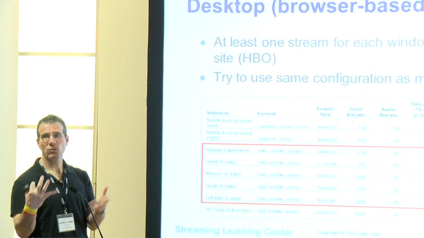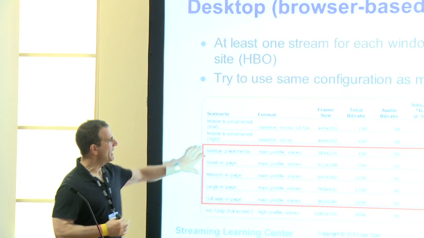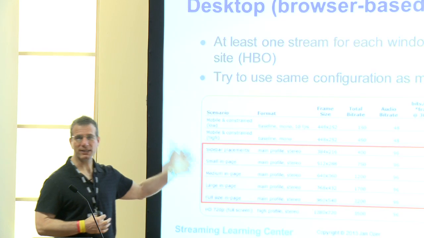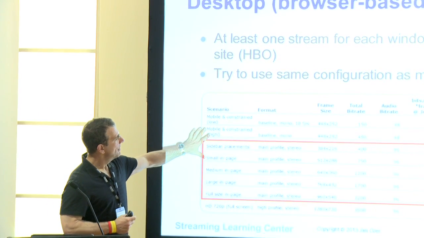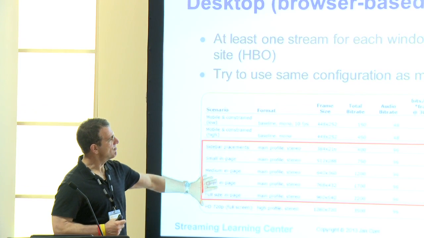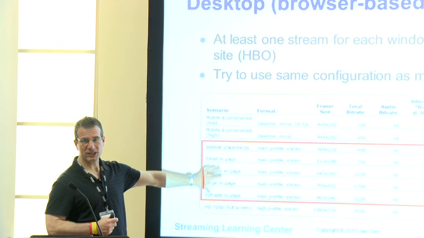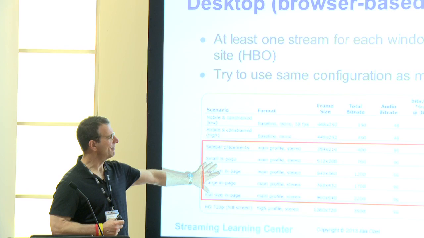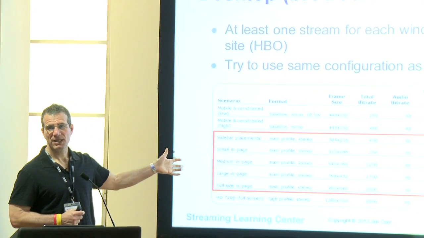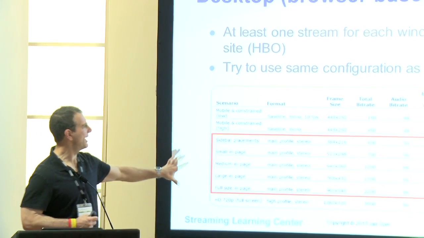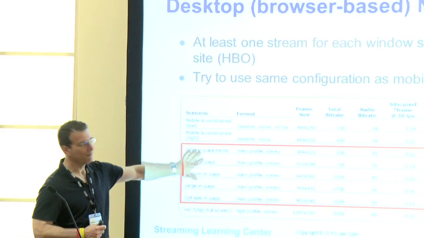If that's the only window size that's supported, maybe I have multiple streams, maybe one at 500, one at 700, one at 900. MTV has multiple windows in their various properties, and they have one stream for each window size that's supported on their platforms.